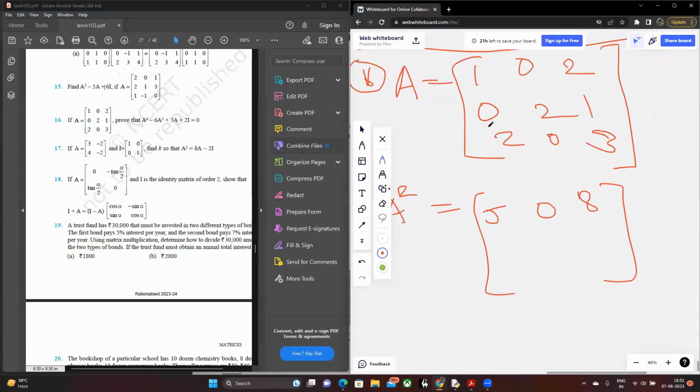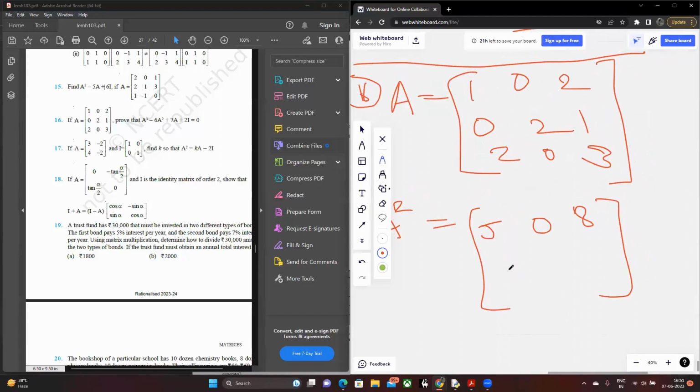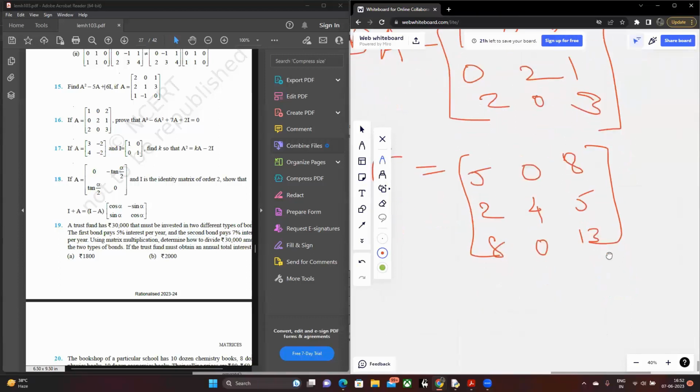Here it is going to be 021 into 102, that is 2. This is again 2 into 2, that's 4. And this is 0 into 2, 2 into 1, 1 into 3, that's 5. Finally, you have 203 times 102, that is 2 plus 6, 8. This is 0. And here it is 2 2s are 4, 3 3s are 9, that's going to be 13.